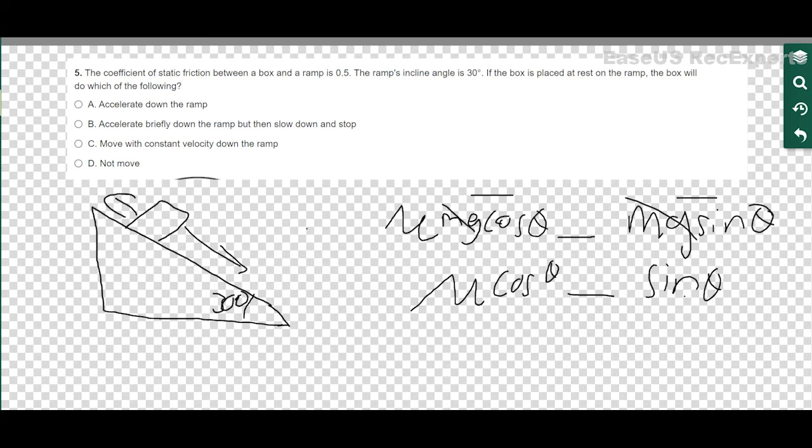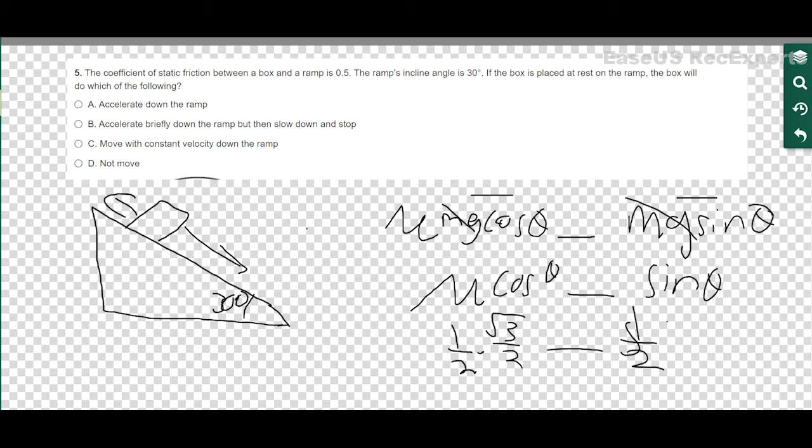Now we can use trigonometry here, and this is a special right triangle, so we get root 3 over 2 for cosine of 30 times mu, which is 0.5, equal to 1 over 2, and we have to determine if that's equal to, less than, or greater than sine of 30, which is equal to 1/2.